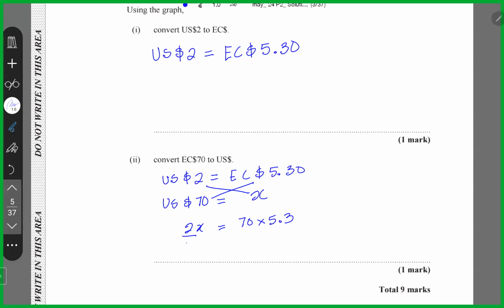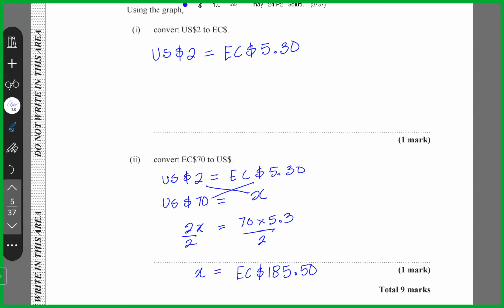If I divide both sides by 2, I'm going to get X equal to 70 times 5.3, all divided by 2. And the answer is EC $185.50.